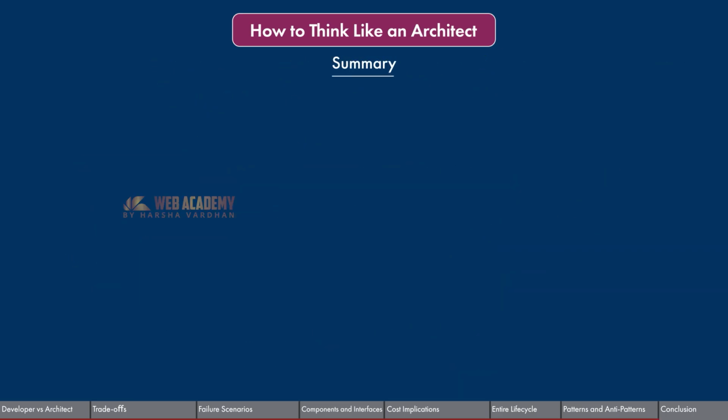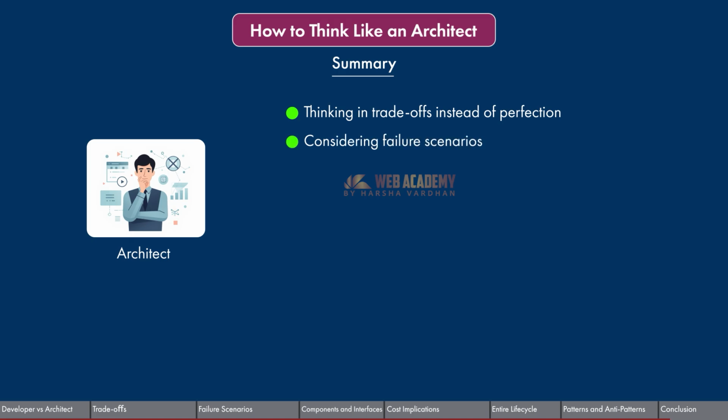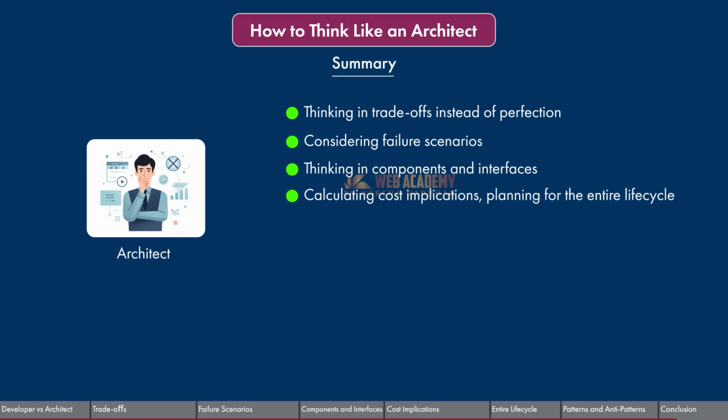So to summarize, thinking like an architect means thinking in trade-offs instead of perfection, considering failure scenarios, thinking in components and interfaces, calculating the cost implications, planning for the entire life cycle, and recognizing patterns and anti-patterns.